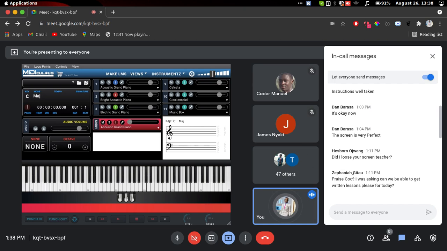So our lesson today was supposed to be just on that: whole notes, whole tones, whole steps and half steps, tones and semitones.